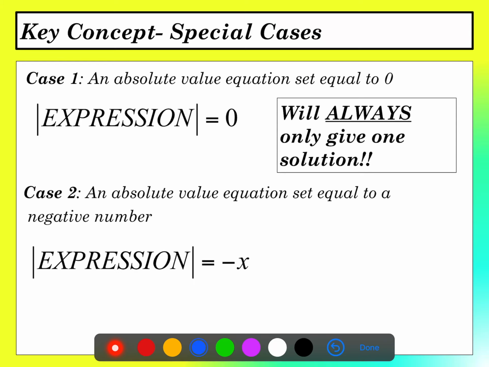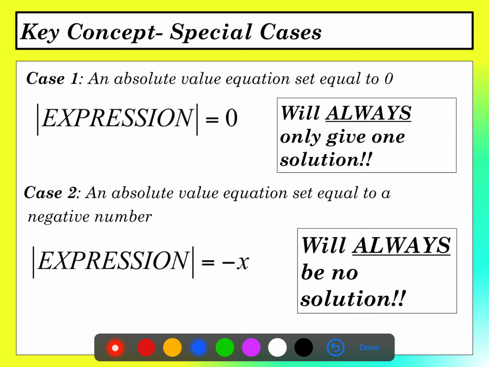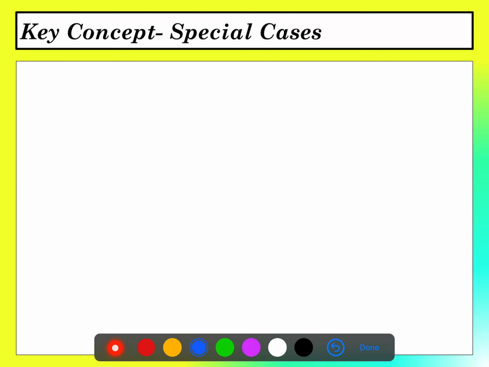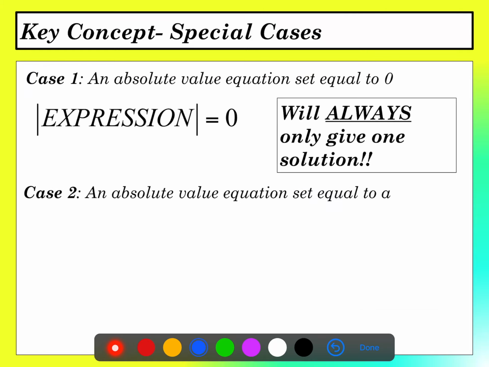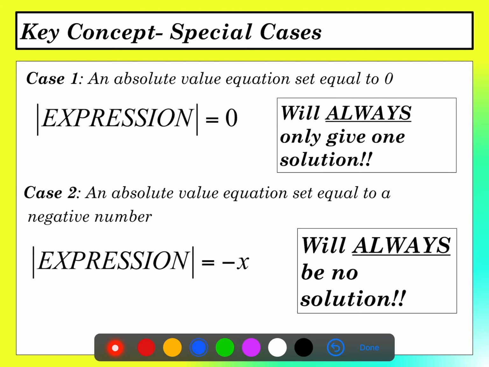Okay, so this is how we get one solution. Anytime that the absolute value bars are equal to 0, we're only going to have one solution because that means there's only going to be one equation, because 0 cannot be negative.